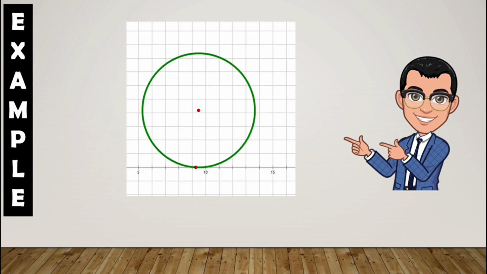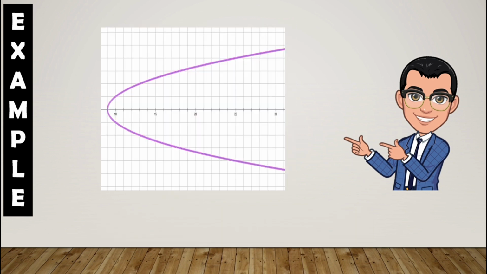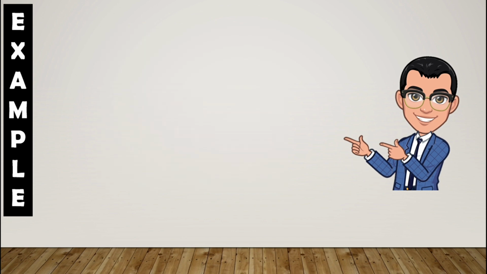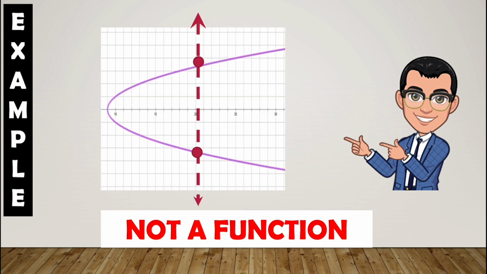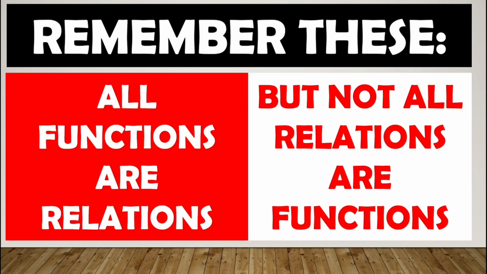For the third one, this is not a function because in our vertical line test, vertical line intersects this figure at exactly 2 points. And for this one, this graph is considered not a function because the vertical line intersects this figure at exactly 2 points. Remember this, all functions are relations, but not all relations are functions.